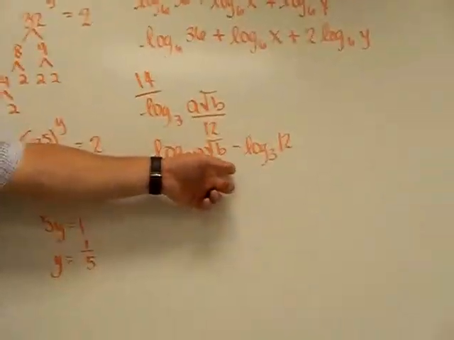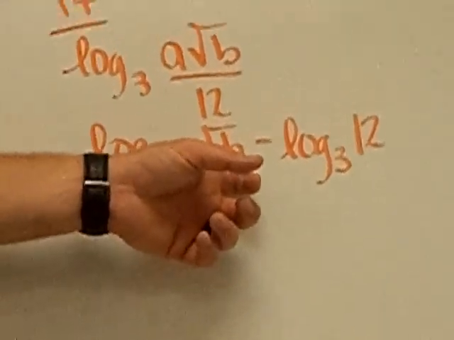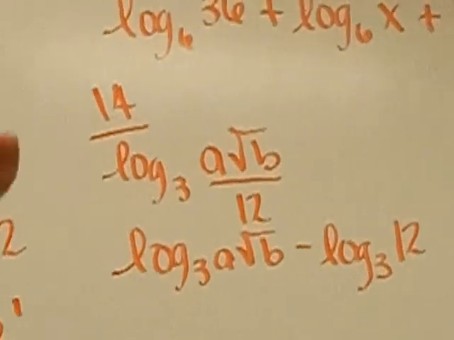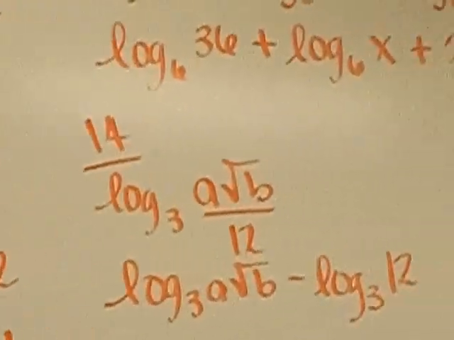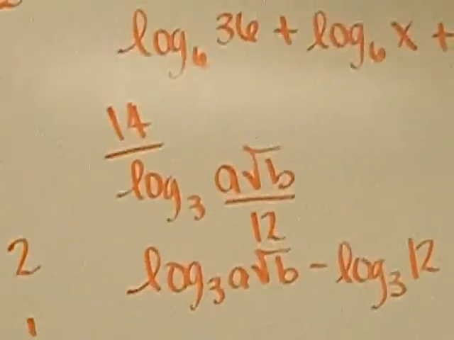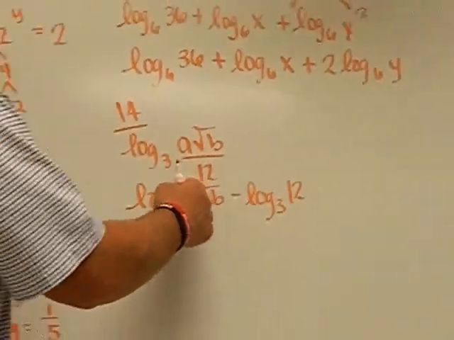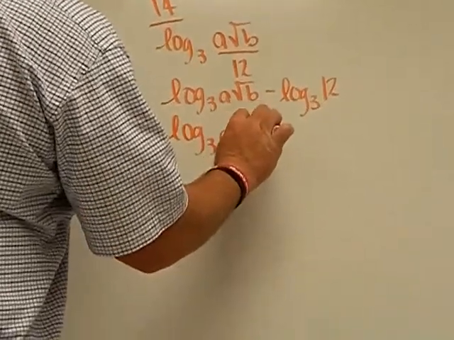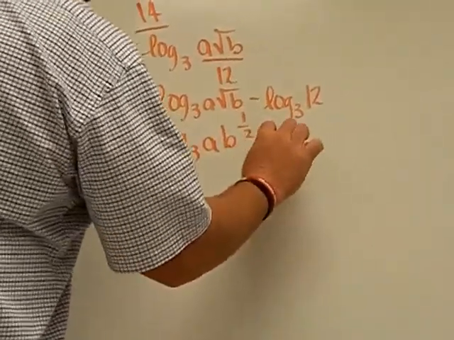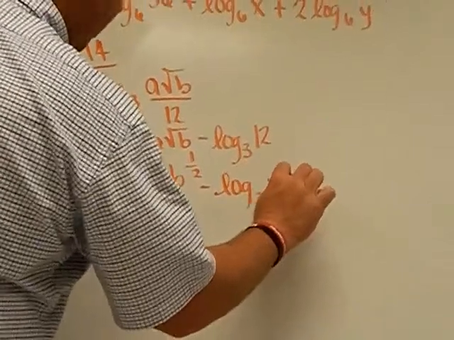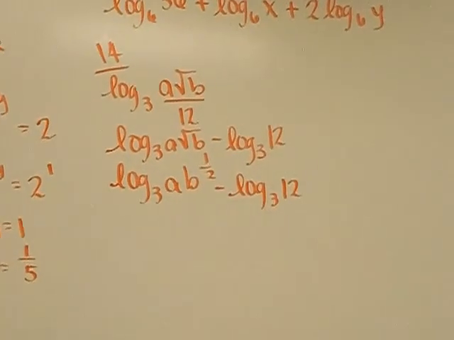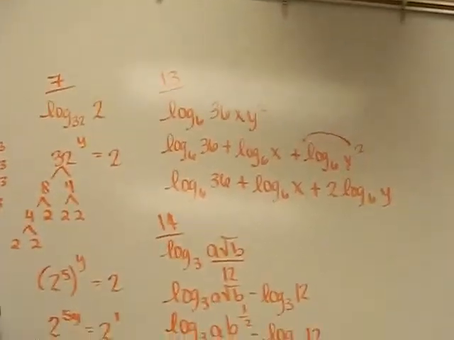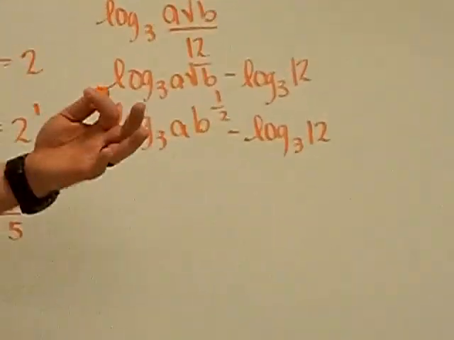What power is b being raised to? Well, right now, b is just being raised to the first power inside the radical, right? Outside, we're taking the second root of it. So numerator is the power it's being raised to. Denominator is the root we're taking. So that's 1 over 2. So we have log base 3 of a, b to the 1/2, minus log base 3 of 12. Correct? All right, so now split these up. You've got two terms being multiplied together. Use the product property and split up a and b to the 1/2.